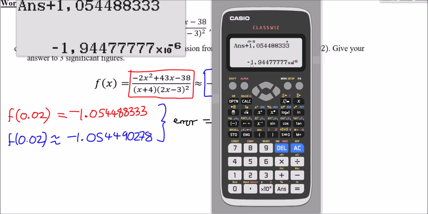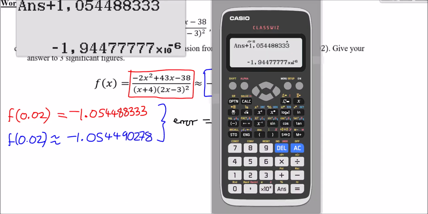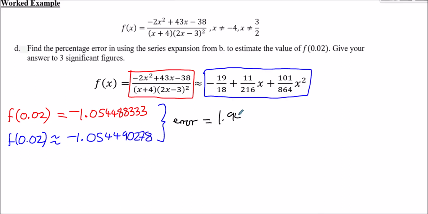So the actual size of difference is 1.944, and that's, I believe, 5 sevens. I never round until the very last step. 1, 2, 3, 4, 5 times 10 to the minus 6.